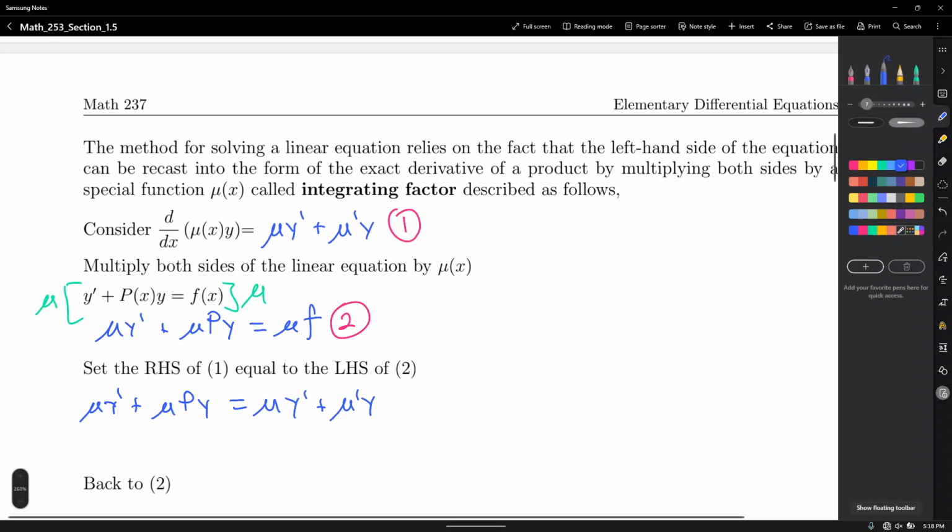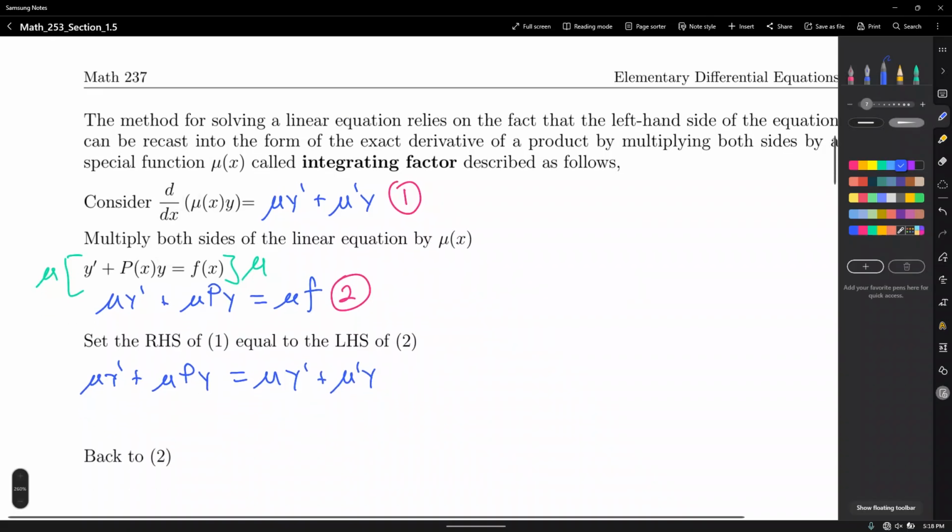So that's going to be a new equation. So here is the thing. In order for this to be a true statement, do you guys agree that here we have mu y prime equals mu y prime? Okay, we can cancel it out if you want. However, I'm going to leave it like this.